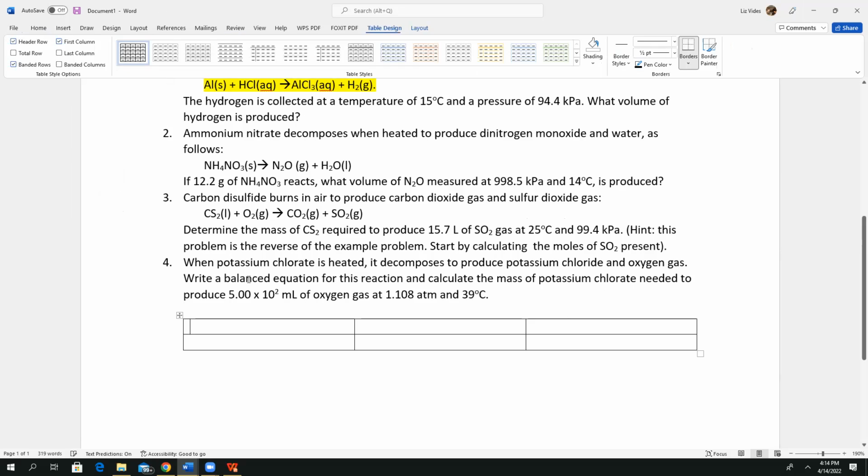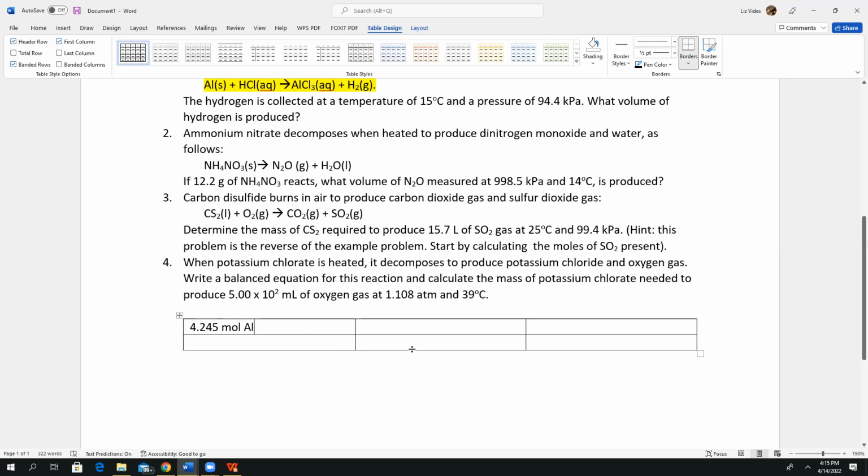So basically, you have 4.245 moles of aluminum, right?